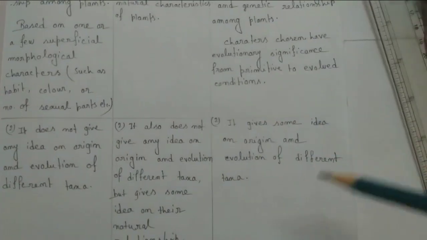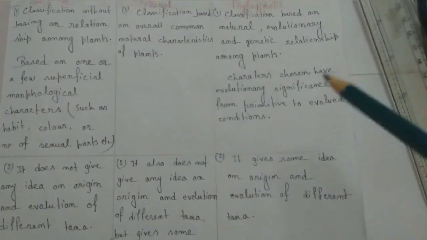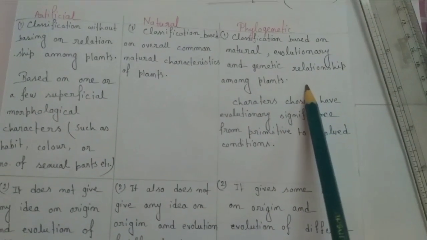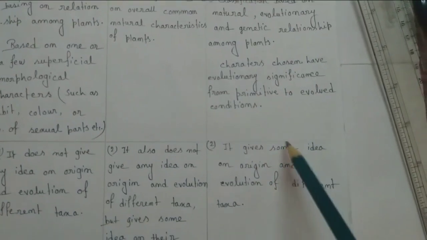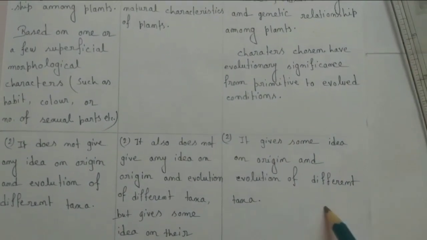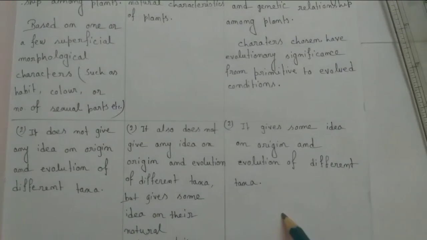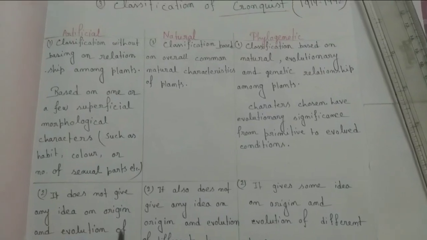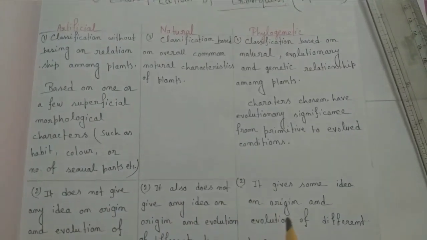And the phylogenetic system, as it uses all the natural, evolutionary and genetic relationships among the plants, can give some idea on the origin and evolution of different taxa. So that is the difference between these three systems of classification.